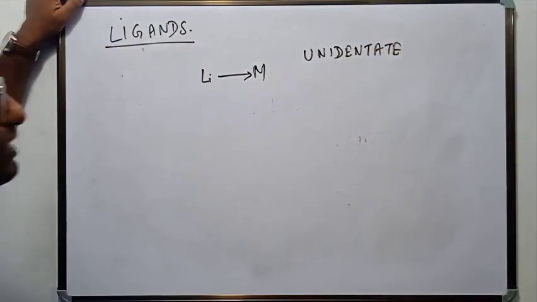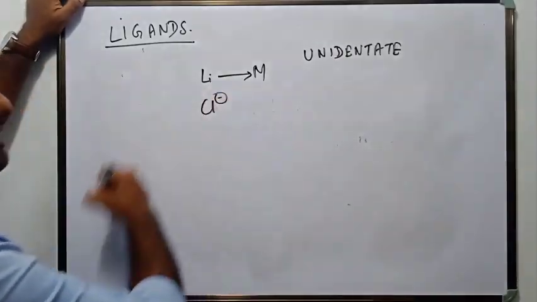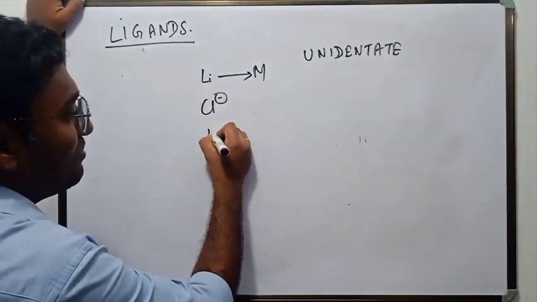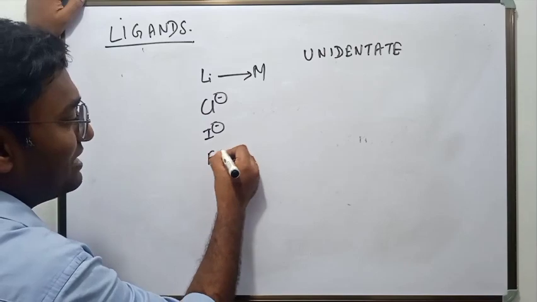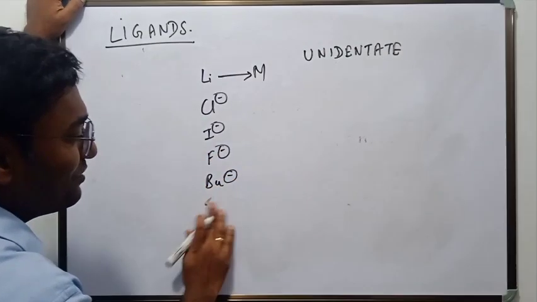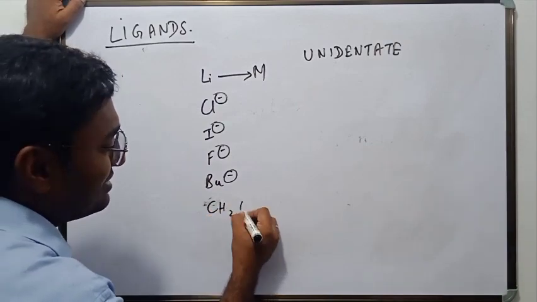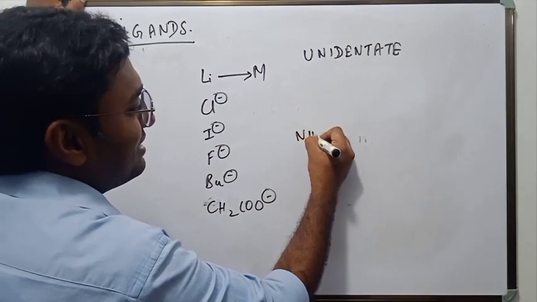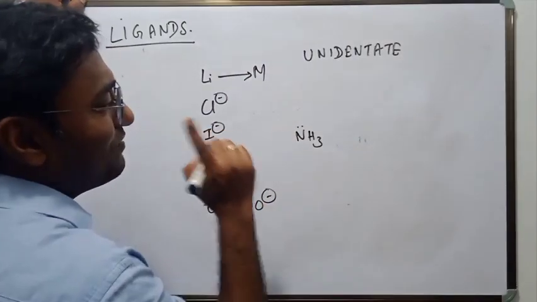An example of this is Cl minus. It can only make one linkage with the metal ion. Or I minus. What about F minus, Br minus, iodine minus? Oh yes, it is already written. CH3COO minus. What about NH3? Only one it can make with the metal ion.